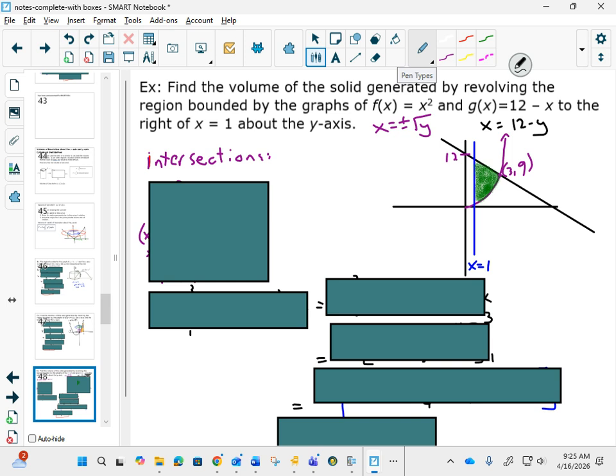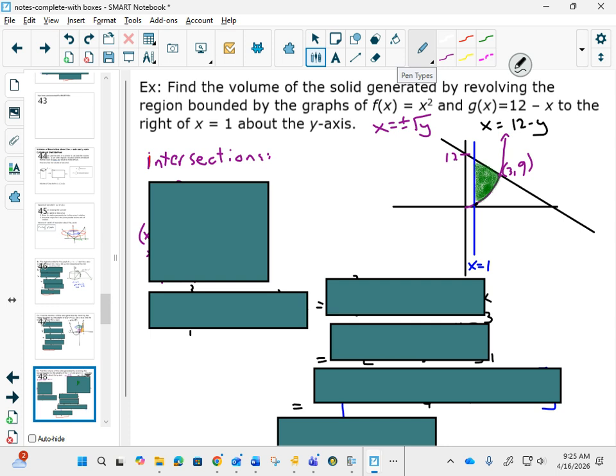But do you see that you would have to do it in two different sections? You would have to do the section from 1 up to 9, because in that section it's purple minus blue, big radius minus little radius.